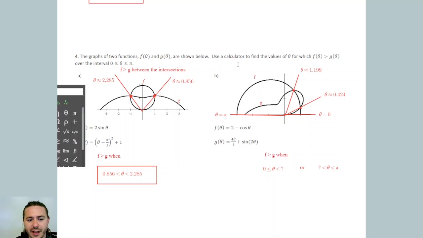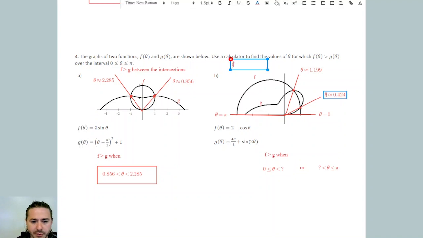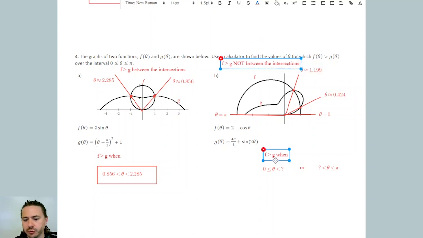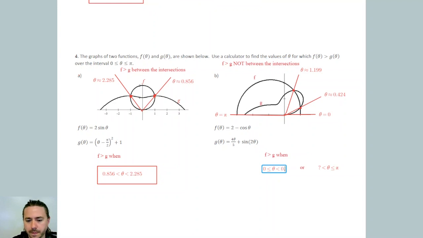I'll just say f is greater than g, and this is just a note, so when you go back and look at this, it makes more sense. F is greater than g, not between the intersections. So in these other two intervals, between 0 and 0.424, and between 1.199 and pi.